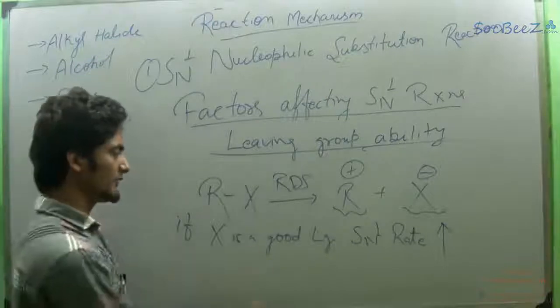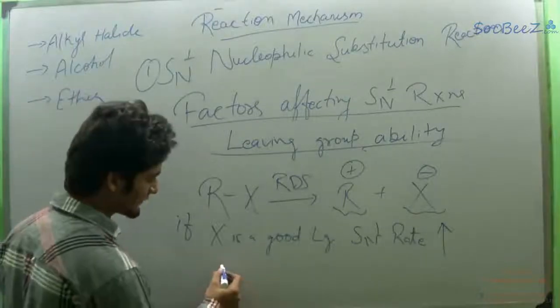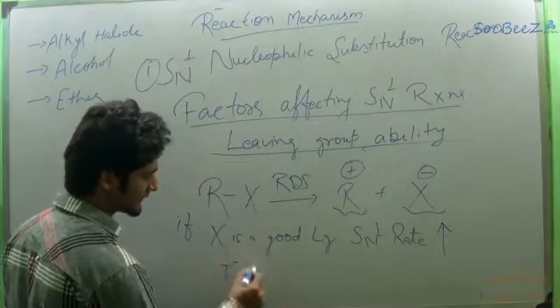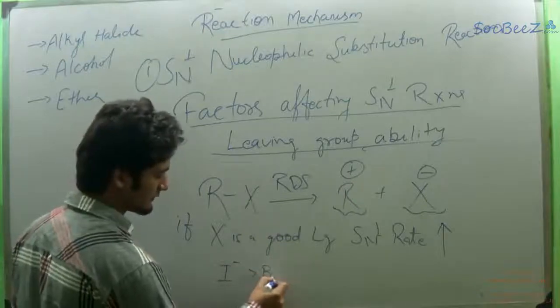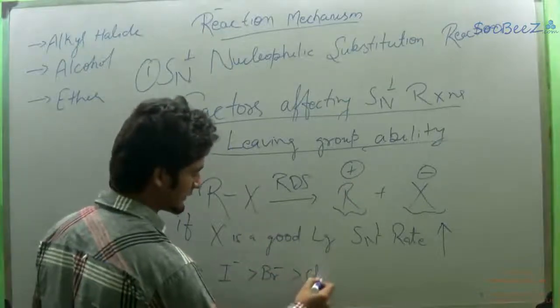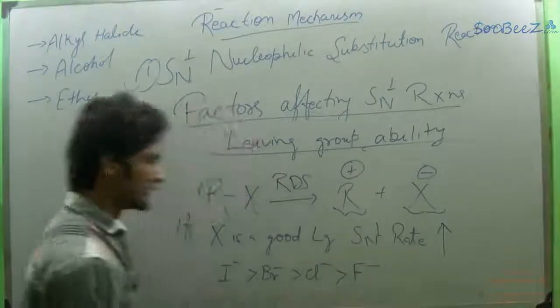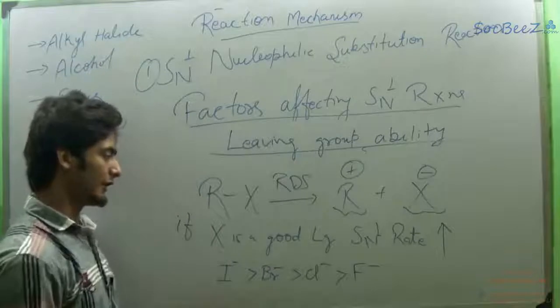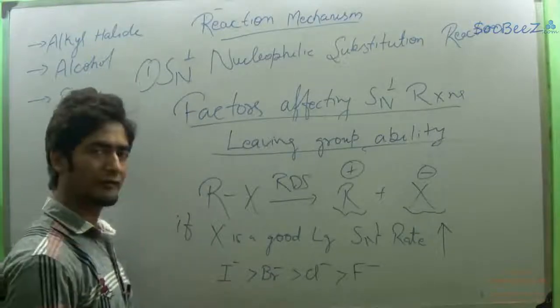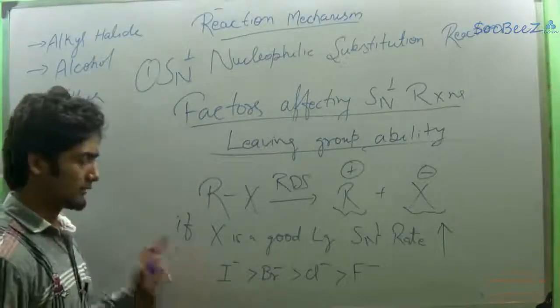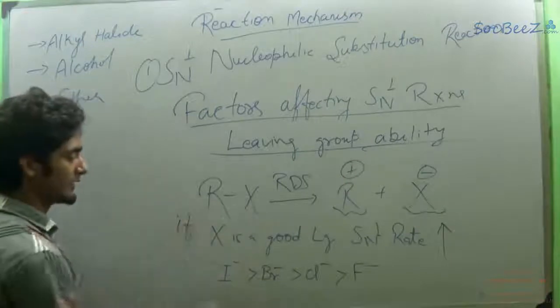We can see the rate which is I minus, Br minus, Cl minus and F minus. This is the leaving group rate as discussed in the previous video of halides from alkyl halide.